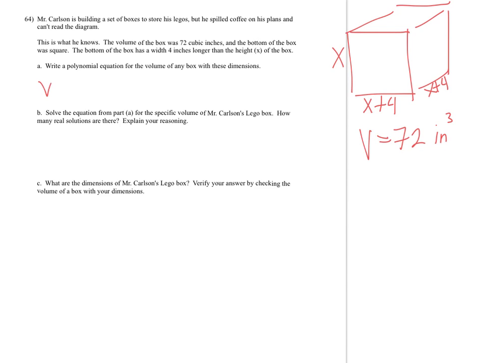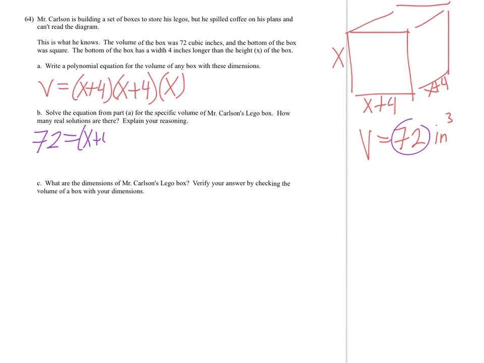I also know that volume is equal to the base, so x plus 4, times the width, x plus 4, times the height of x. Hey, I just accidentally answered the first part of the problem. Solve the equation for the specific volume of Mr. Carlson's Lego box. So that's that 72 number. 72 is equal to x plus 4 times x plus 4 times x.